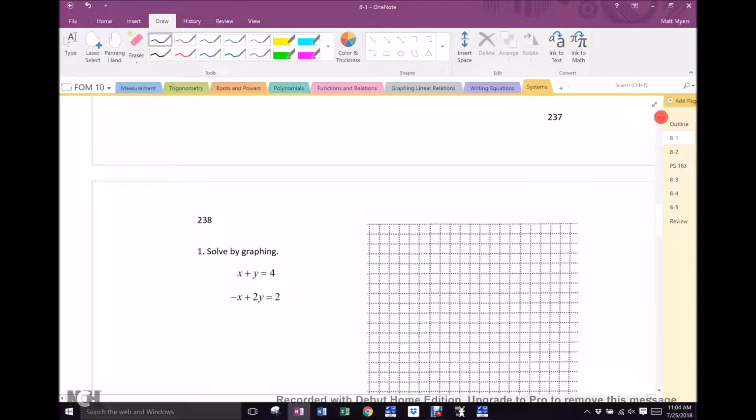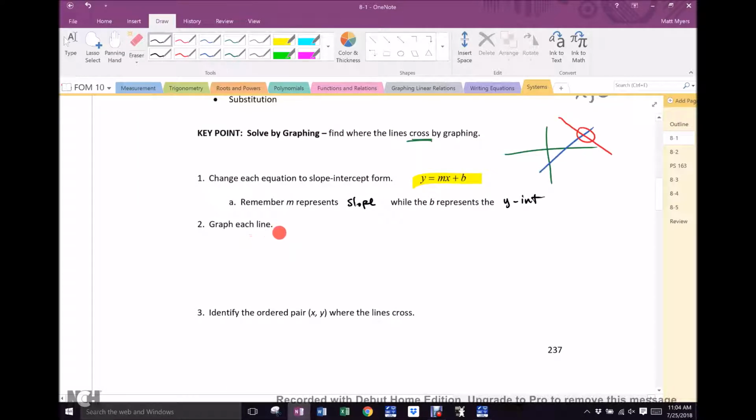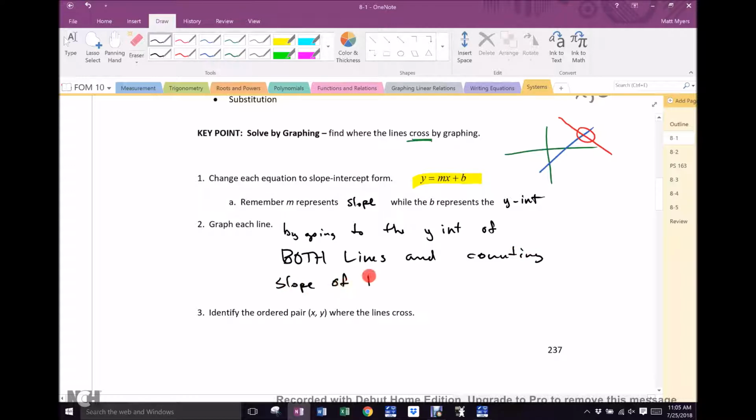Then you graph them by going to the y-intercept of both lines and counting slope of both lines. Where they cross is the answer.